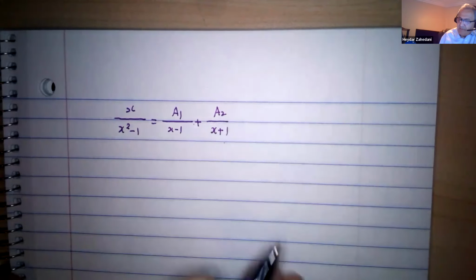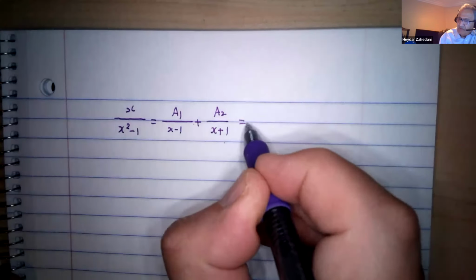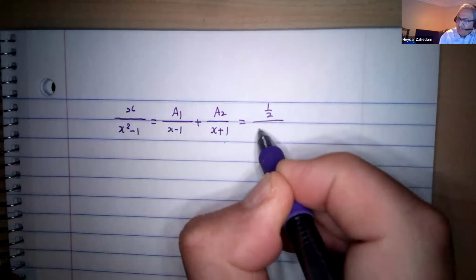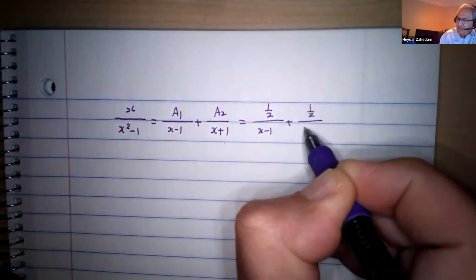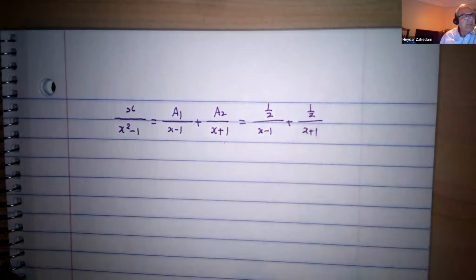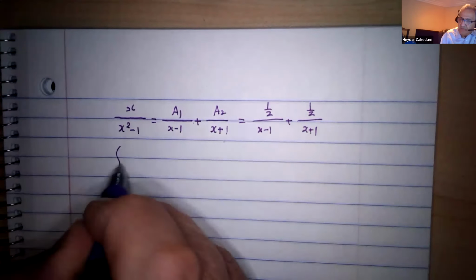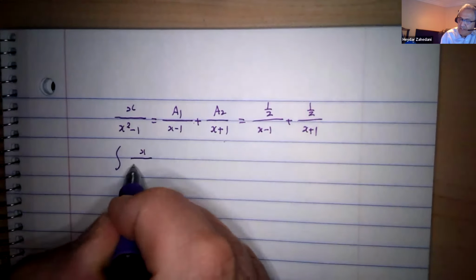And now both of them happen to be 1/2. So this is going to be 1/2 over x minus 1, and this is going to be 1/2 over x plus 1. So the integral in question was x over x squared minus 1 dx.